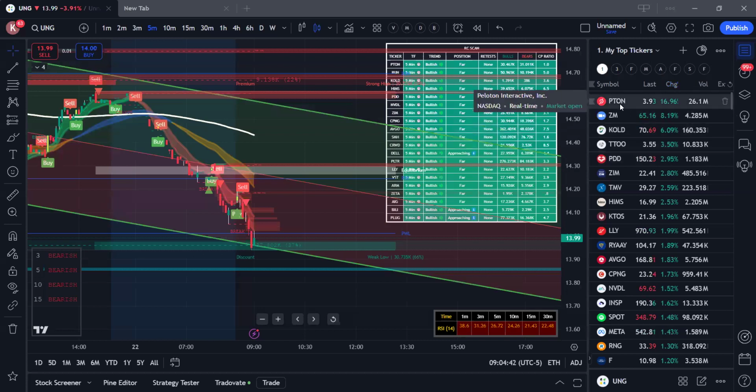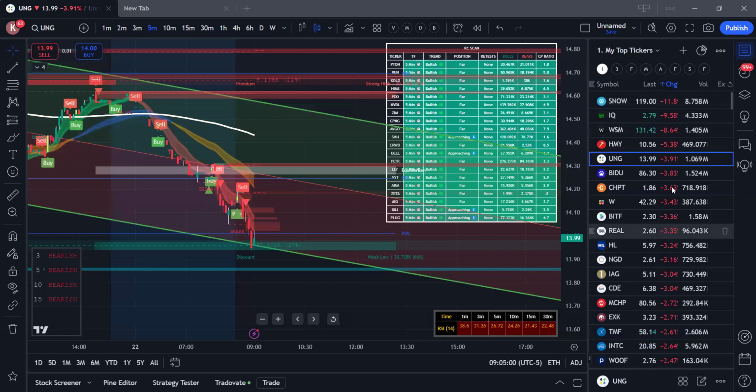It will be nice if you know that Python, Zoom, Cold, PDD, because the overall trend is bullish for all of these. We better focus on buying calls for the bullish tickers and puts for the bearish tickers, on a high level.